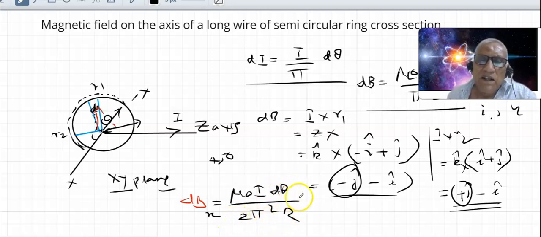Now the component is sine theta, because this is 90 minus theta, so the component of this is sine theta.